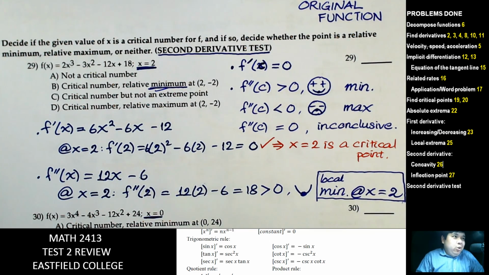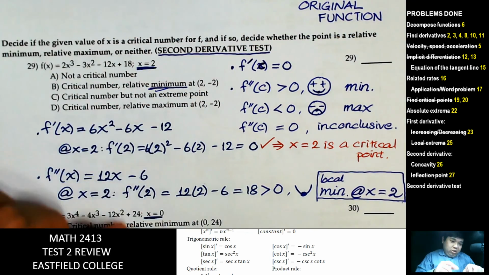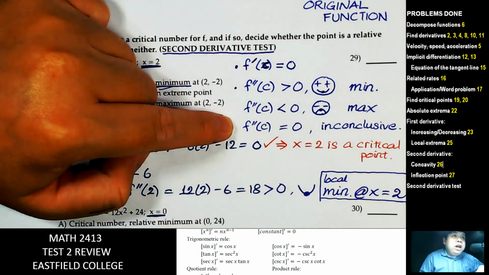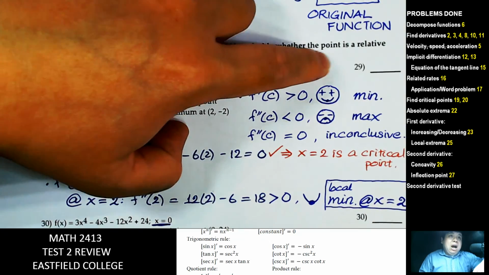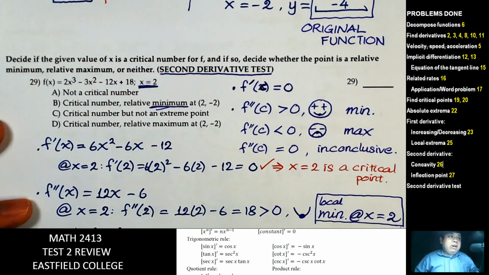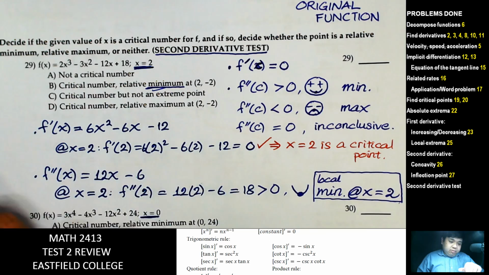So that's what the second derivative will tell us. The advantage of the second derivative is that we do not need to do the sign chart. We just test one point. The disadvantage is that it could be inconclusive, where it doesn't work. Right, so for the second derivative test, we just test the point, and the points are given.